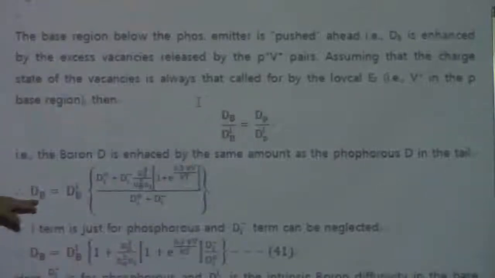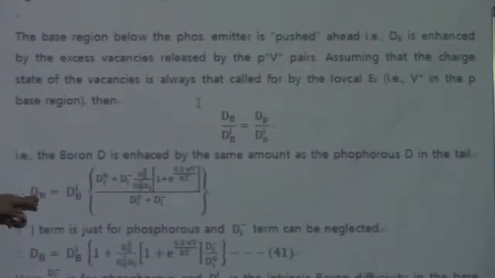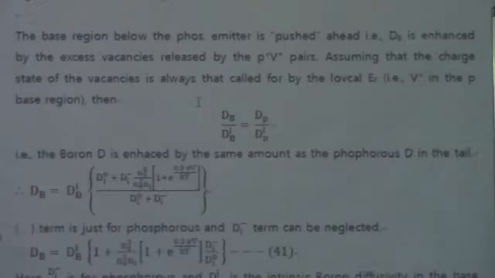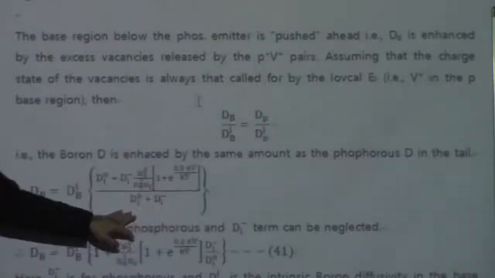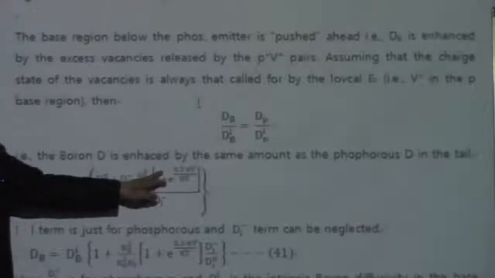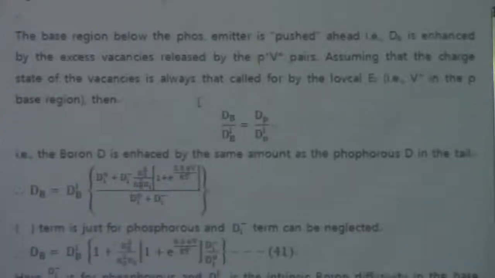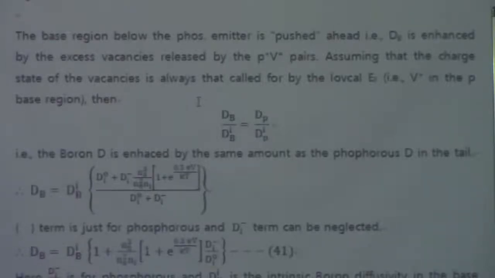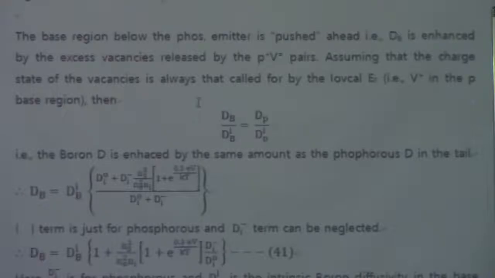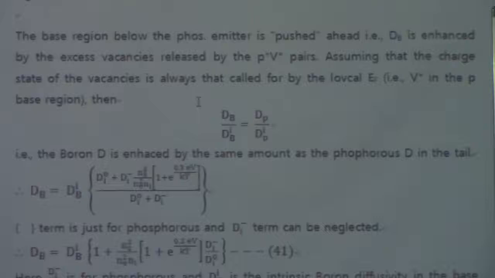Then the enhancement of boron from the intrinsic is going to be explained by some equations just like this, and then here you can see the enhancement of boron diffusion is just the same as the enhancement of the phosphorus because of the dissociation reaction from the doubly negatively charged vacancies into the singly negatively charged vacancies.